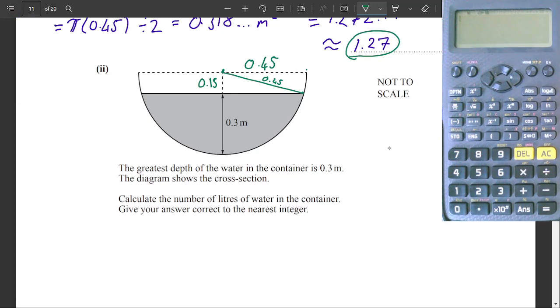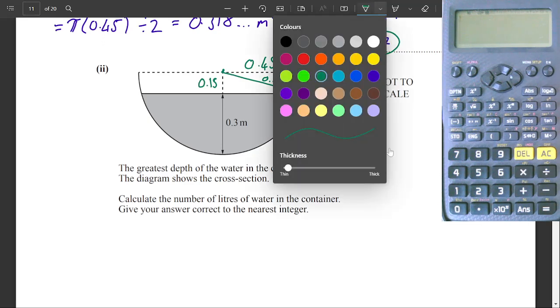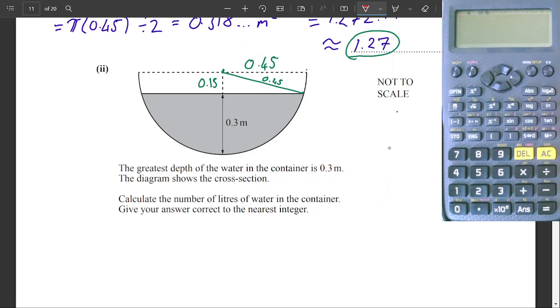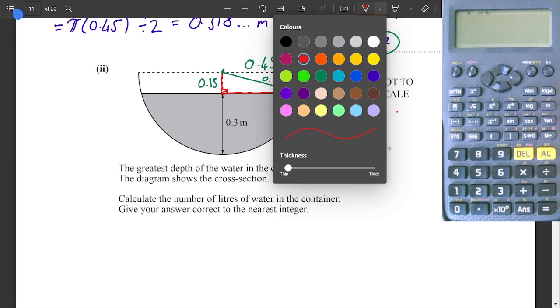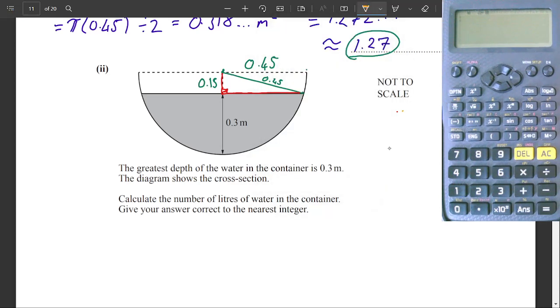I have now divided that into a sector and a right angle triangle. So let me put this into colors, right? Here we have a right angle triangle, and over here we've got a sector of a circle.